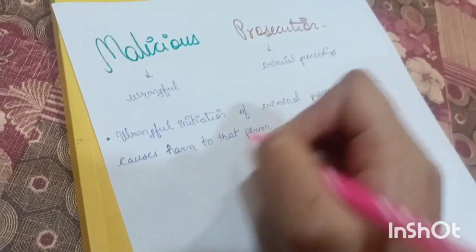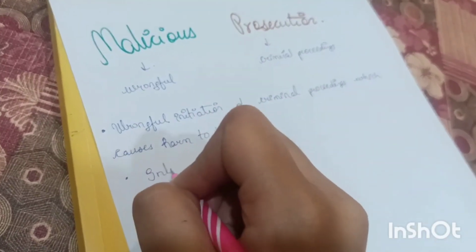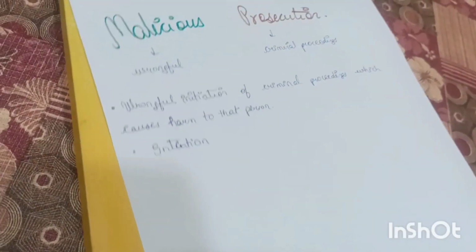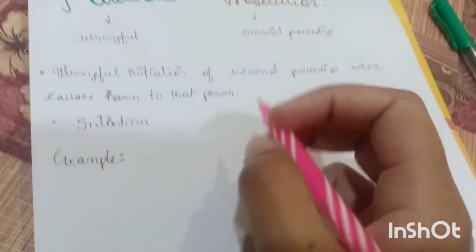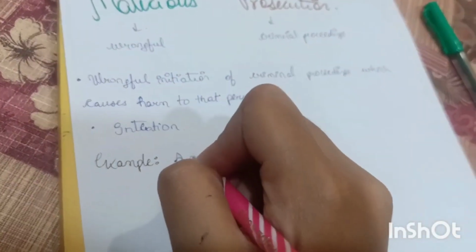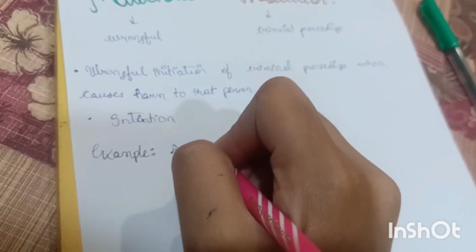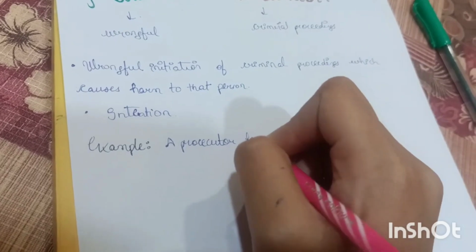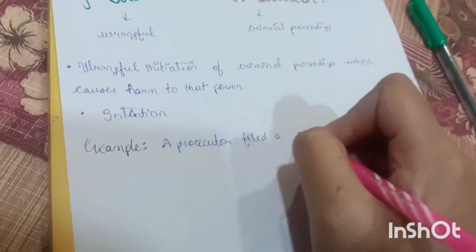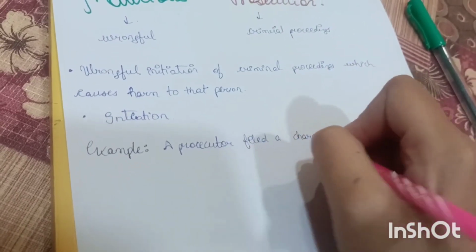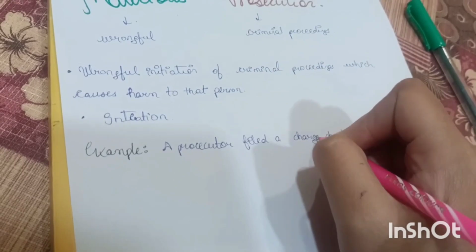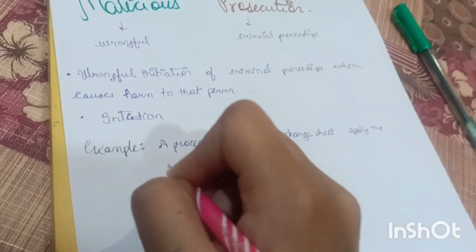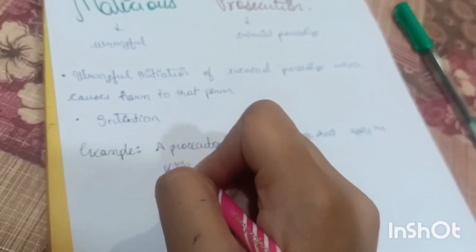And the second important thing is that it should be intentional. Okay, so let's understand it through an example. A prosecutor filed a charge sheet against the political rival.